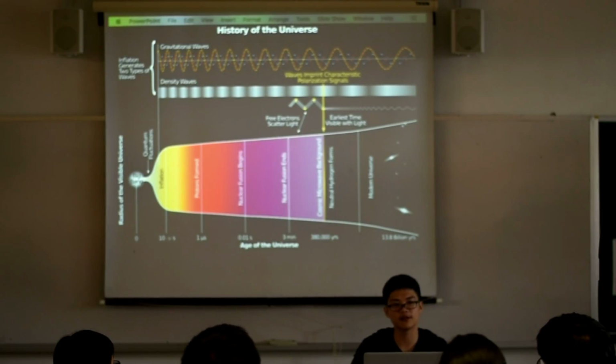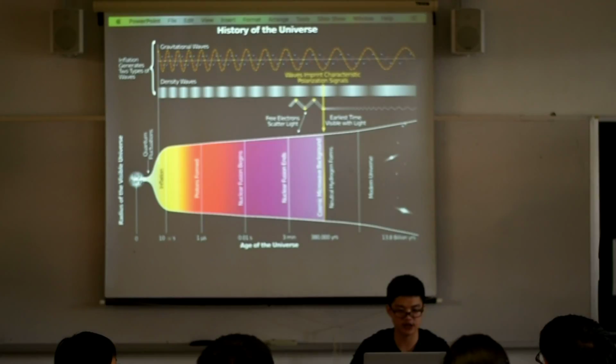These two waves cause the fluctuation and the spread of energy inside the universe, which makes our universe almost flat, but still with some fluctuations which produce the concentration of matter, which can produce the galaxies afterwards.